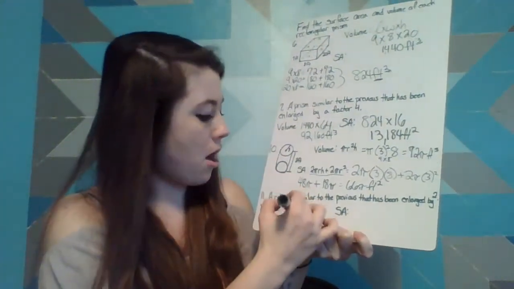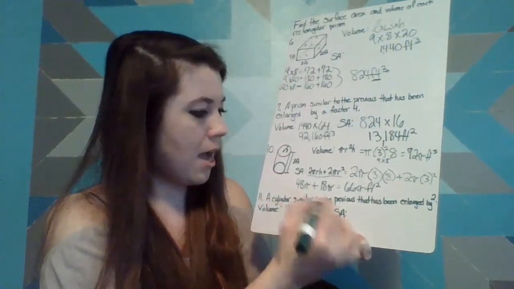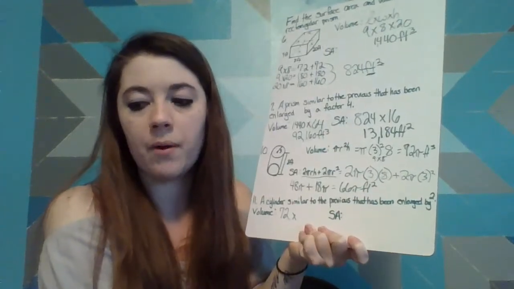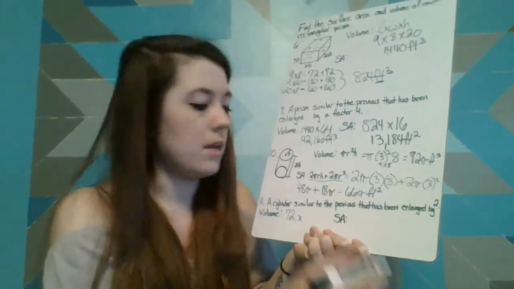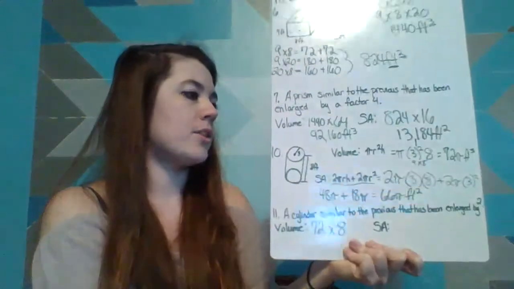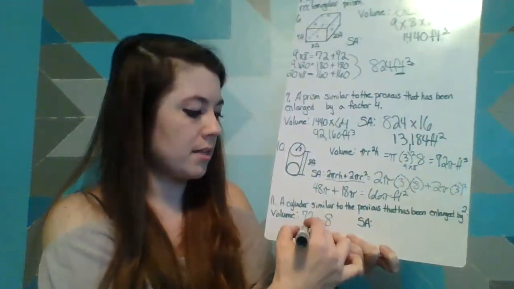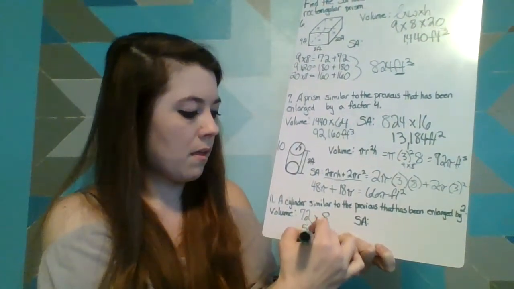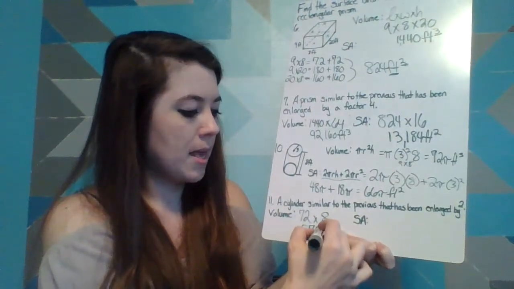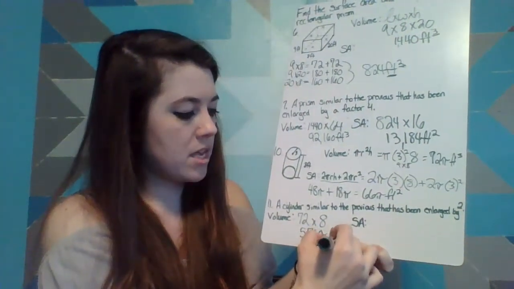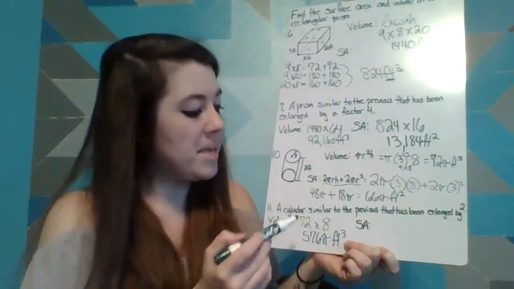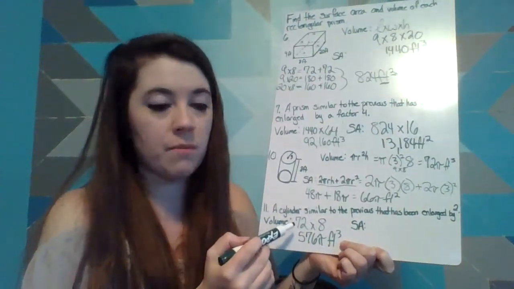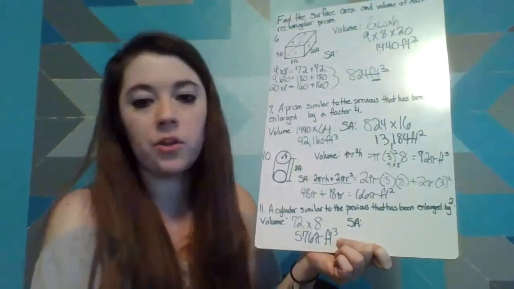So we're going to take our 72 times, what's 2 to the 3rd power? 8. Excellent. And so 72 times 8 is 576 pi feet cubed. Now, because we left the 72 in terms of pi, we have to make sure we include pi in our answer.